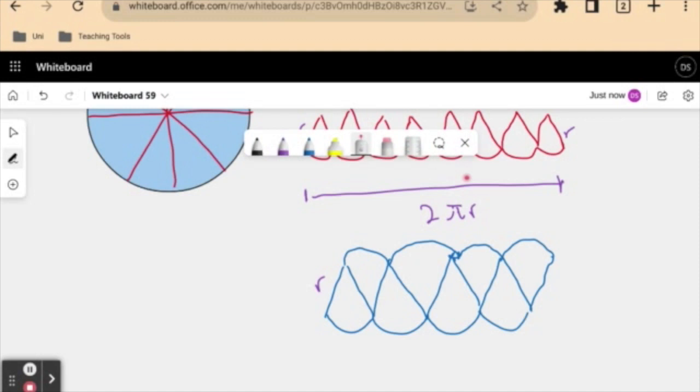So we can say that each of these makes up half of my circumference. So I can say that this is the length of pi r. So 1, 2, 3, 4. All of these make up a length of pi r, as well as these make up a length of pi r. Altogether, we get 2 pi r.